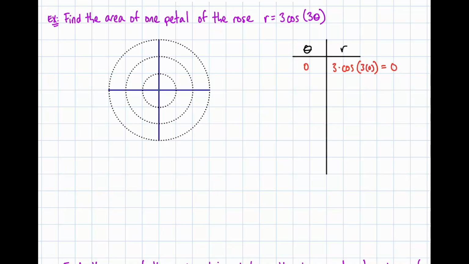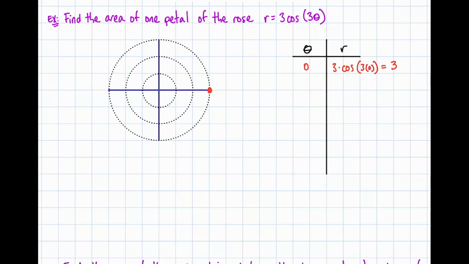The cosine of 0 is 1, 3 times 1 is 3, so I will plot that right here on the graph. Theta equals 0, r equals 3. That means I go with my angle 0 and my r value is 3.